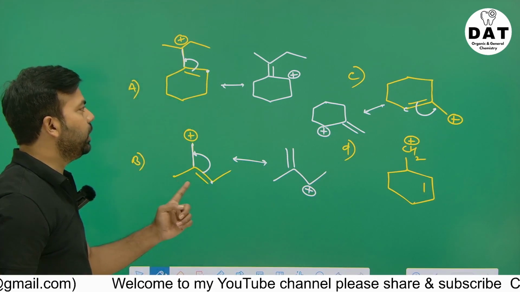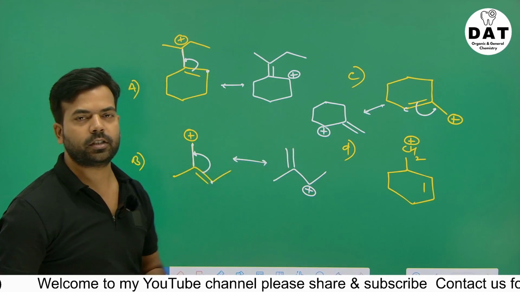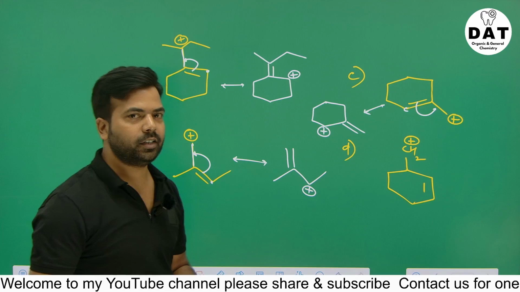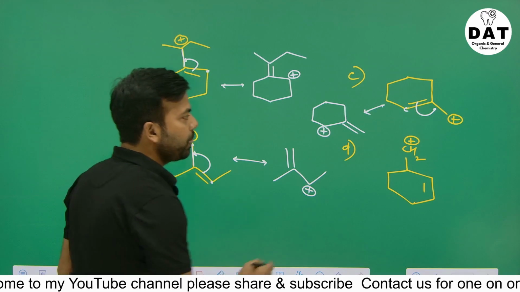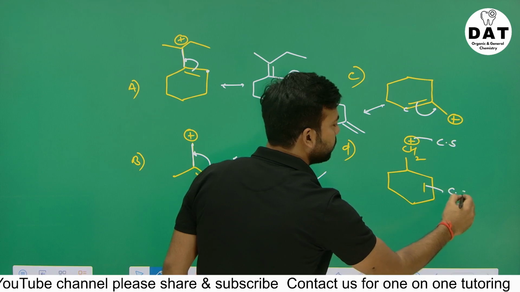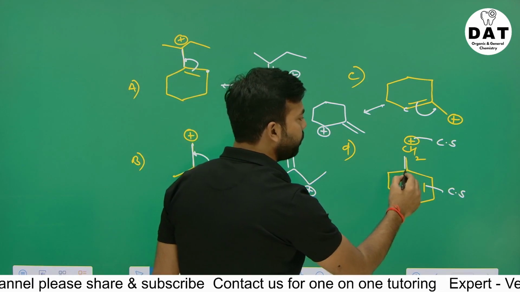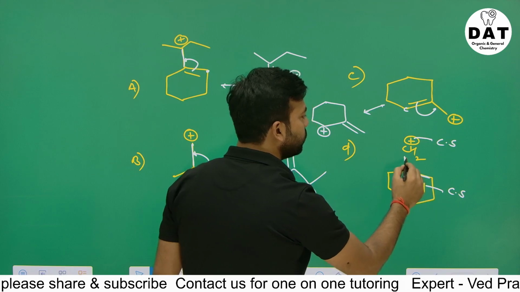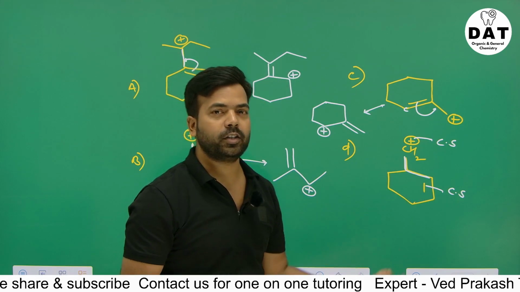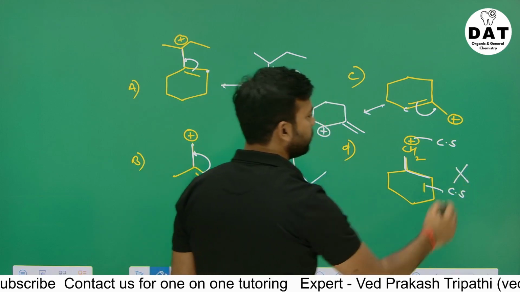So A, B and C are in resonance, that's why we have a resonance structure. But D is not in resonance. Why? Because this conjugate species and this conjugate species are not in alternate positions. You can see between them we have 2 single bonds. So if any species is not in resonance, then there will be no resonance structure. Clear?